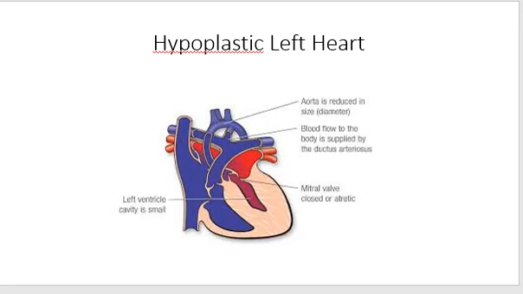Okay, some important things to remember that I may not have hit on: in congenital heart disease, cyanosis is not always a clinical sign. We went over ASD, where you have the opening between the atria, and VSD, where the opening is between the ventricles.